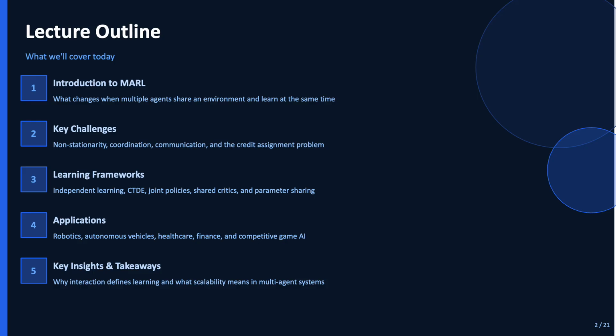So today's lecture is structured around the four problems that define multi-agent reinforcement learning as a discipline distinct from single-agent methods. We begin with the foundational concept, what it means for multiple agents to learn in a shared environment, before examining the four central challenges that arise as soon as you add a second agent to the system.